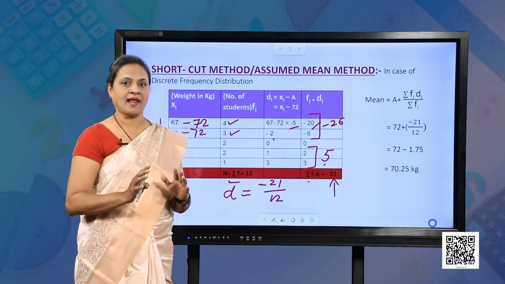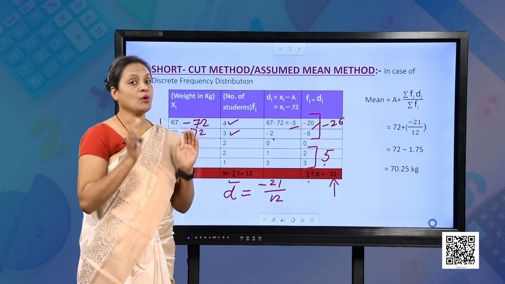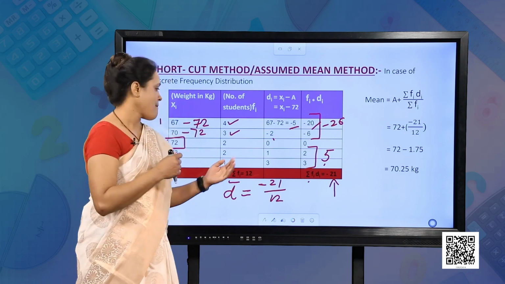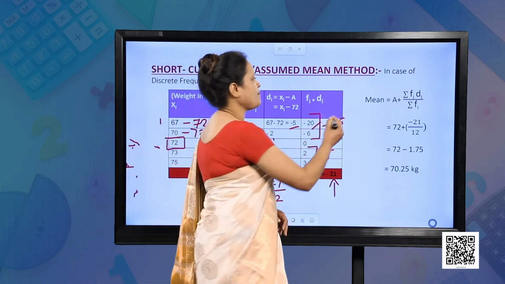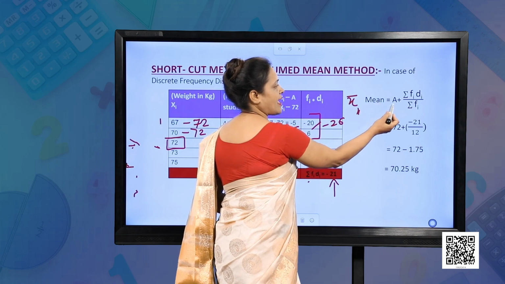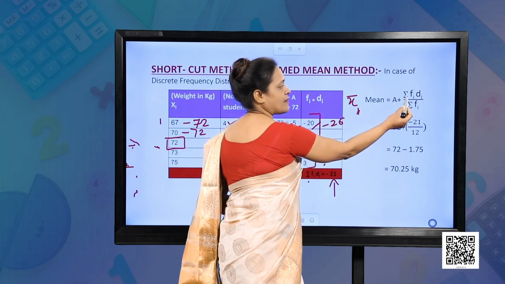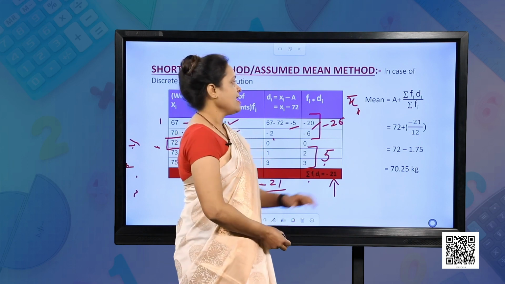How do we get x bar? As I have subtracted A from all the xi's, now I am going to add that A back to d bar. So, the formula for the mean x bar turns out to be A plus d bar. d bar means sigma fi di upon sigma fi.